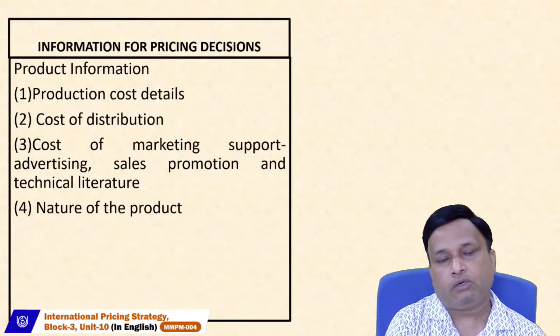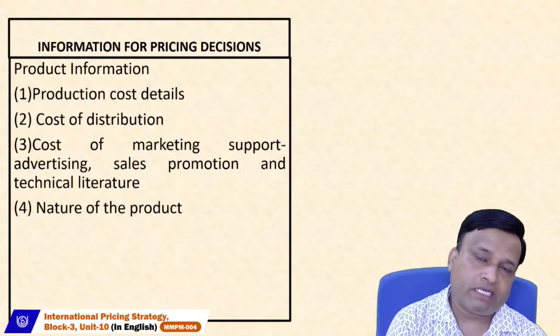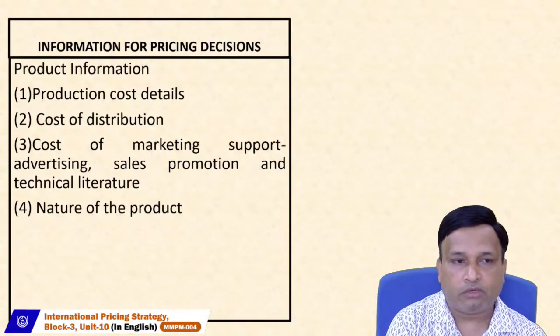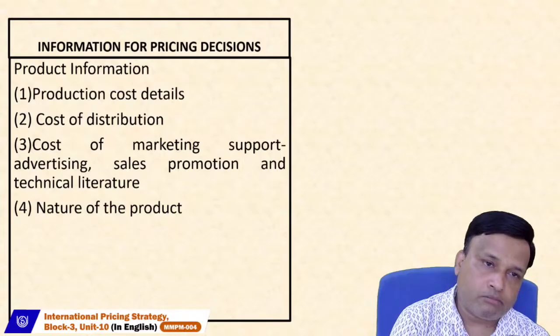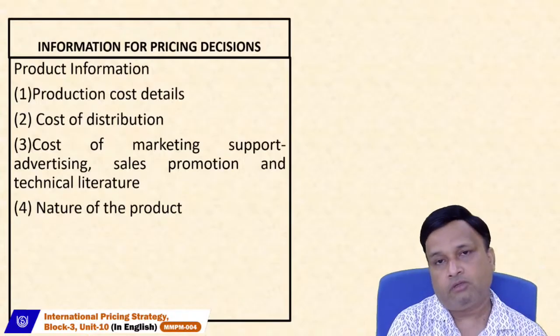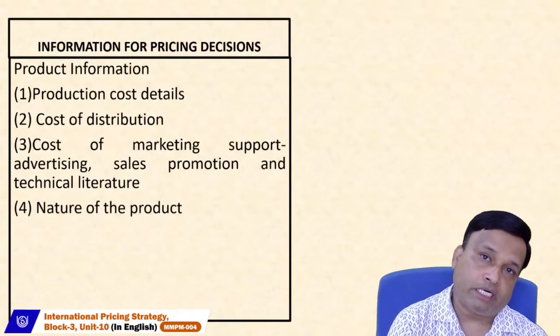Then we talk about what information you require for pricing decisions. You talk about the production cost details. What are the costs involved as far as production is concerned? That is why companies want to have their own hub or production unit in the markets where they are operating.